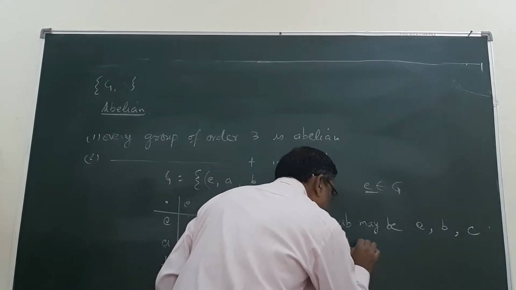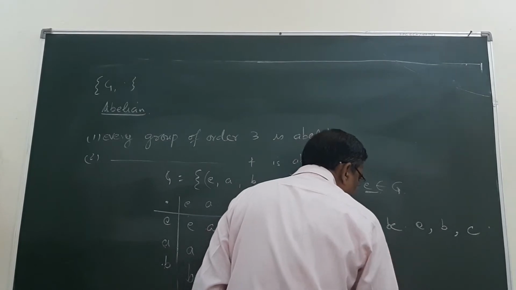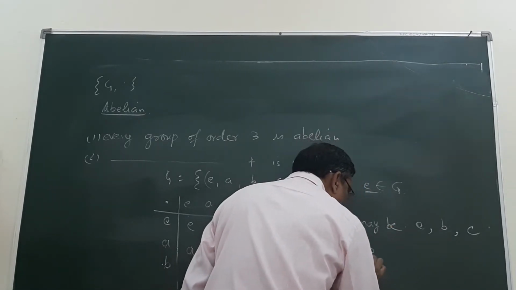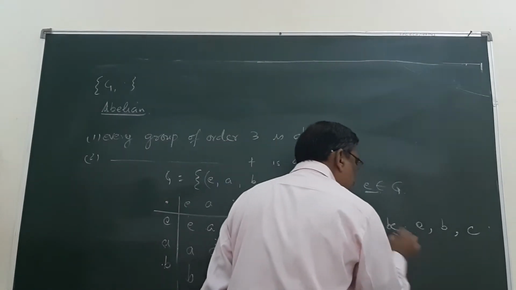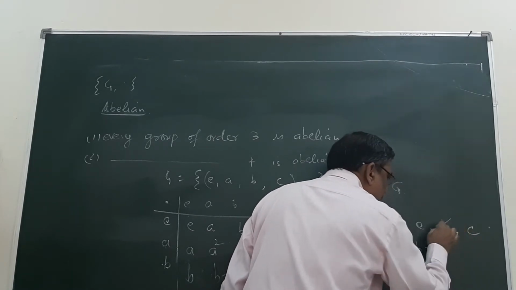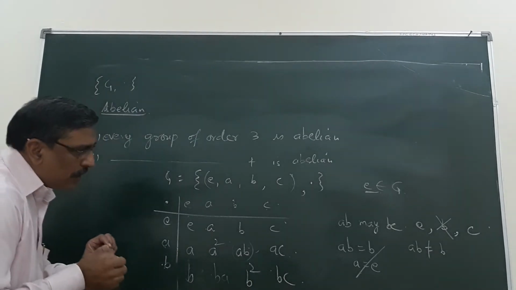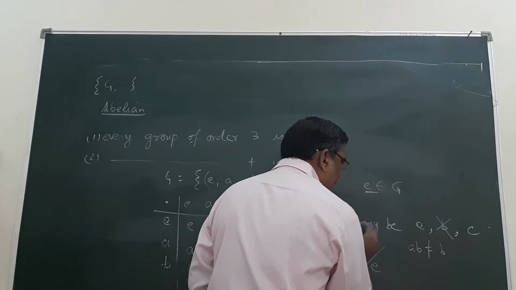If ab is equal to b, then from the inverse law we can prove that a is equal to identity, which is not true. So ab is not equal to b. This possibility cancels. So now the remaining possibilities are ab is equal to e or ab is equal to c.